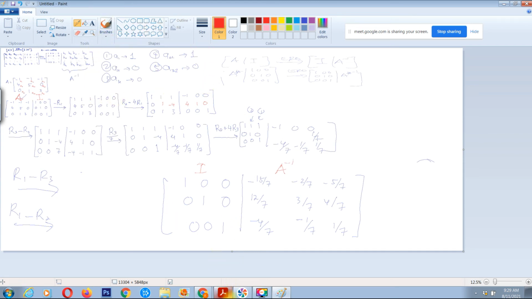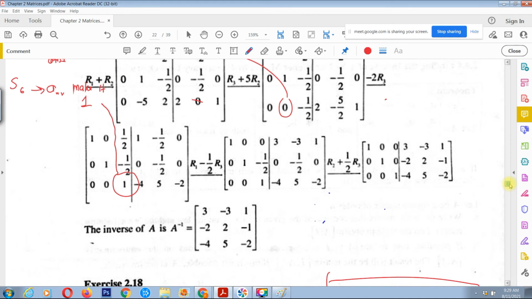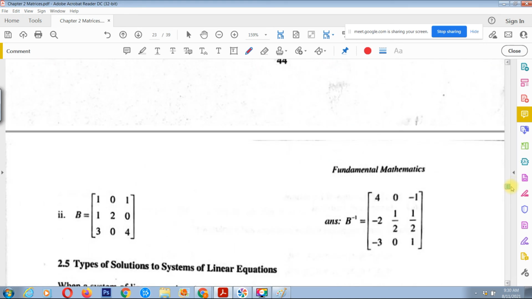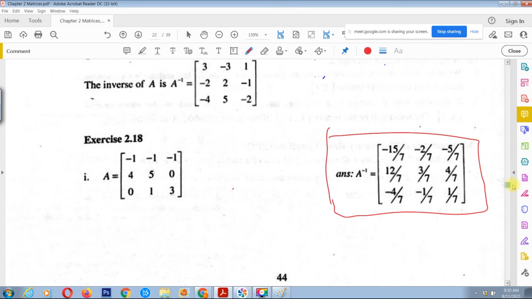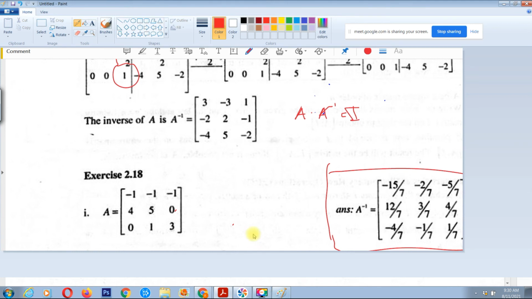Alright, the most important thing here is to write it clearly, so you reduce the mistakes. And the most important here, A times A inverse is equal to what? Identity. Okay?